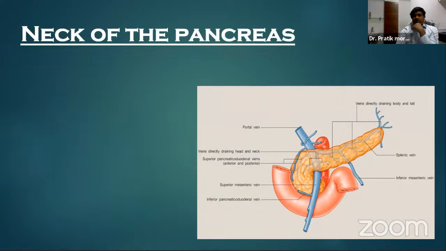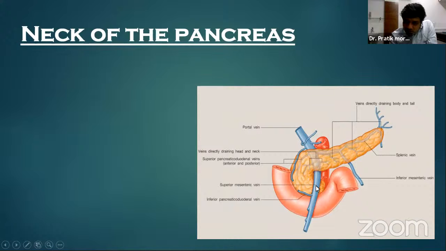See, in this diagram also you can see quite a bit of the posterior relations. So this is your uncinate process. In front of the uncinate process, you can see the superior mesenteric vein.